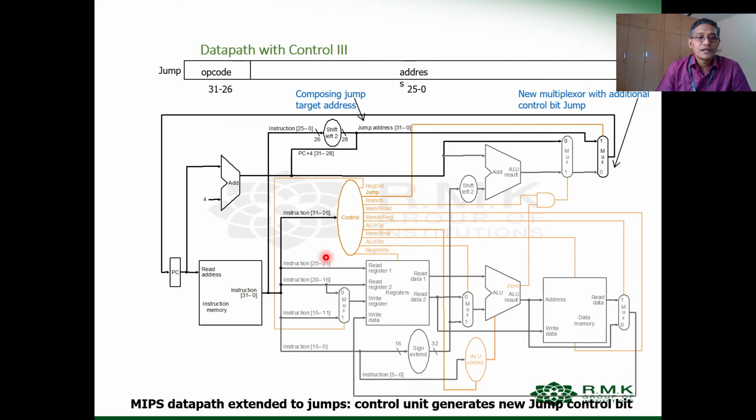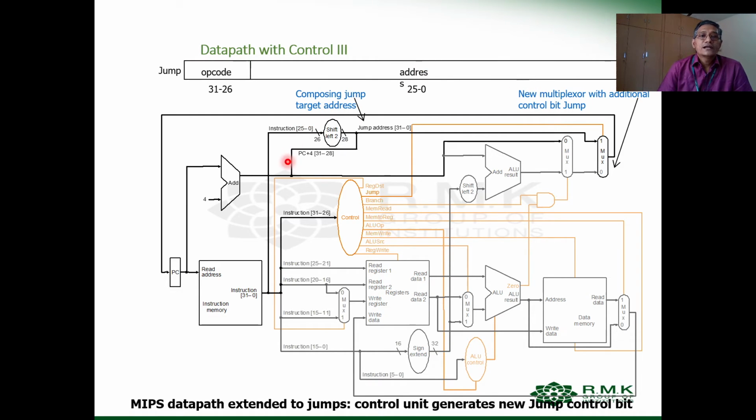Then this diagram, the entire data path, is extended to support the jump instruction. Until now, we have seen up to the branch instruction. What is the jump instruction format? It is the opcode in bits 26 to 31, and the remaining 26 bits are the target address.